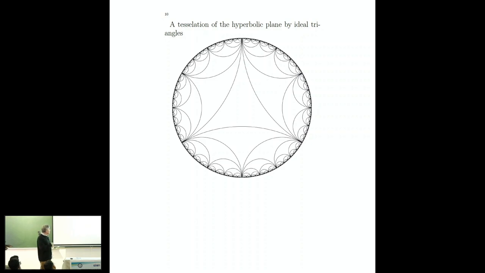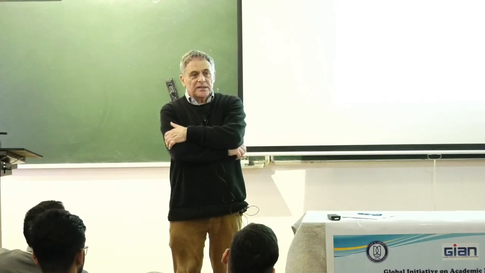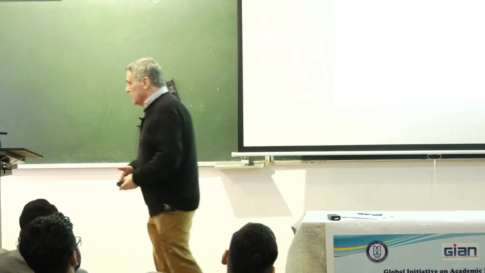So for any pair of ideal triangles, there's a rigid motion of the hyperbolic plane which takes this one to this one. There are ways of doing this in models, but something which is true in hyperbolic geometry, and which is also true in spherical geometry, is that for a triangle, let's see here.